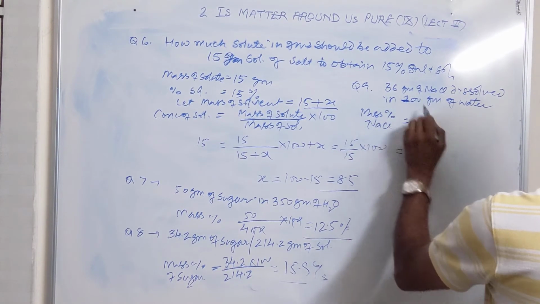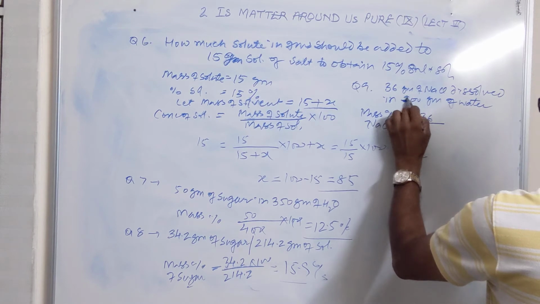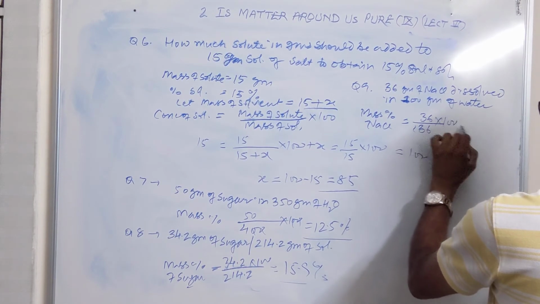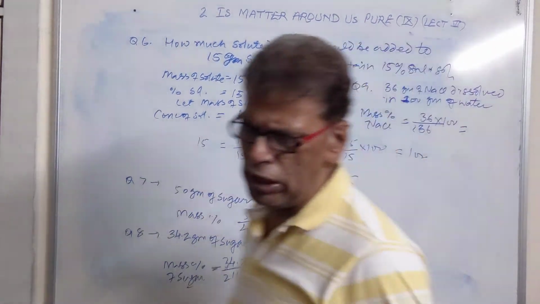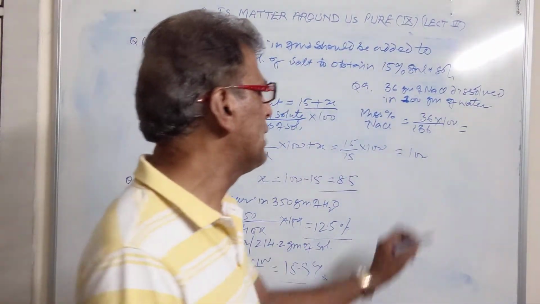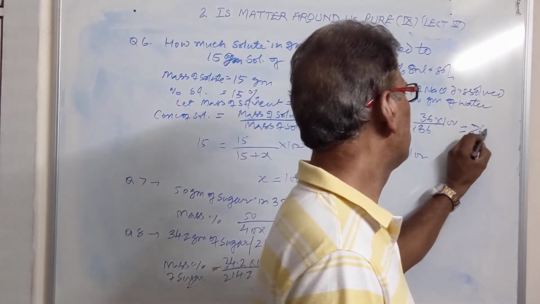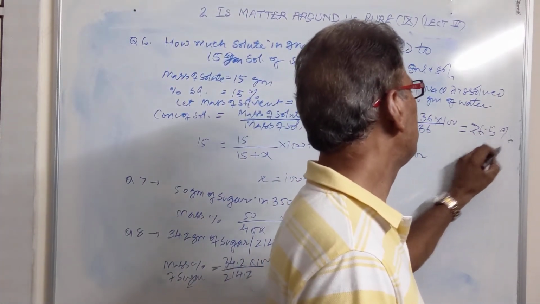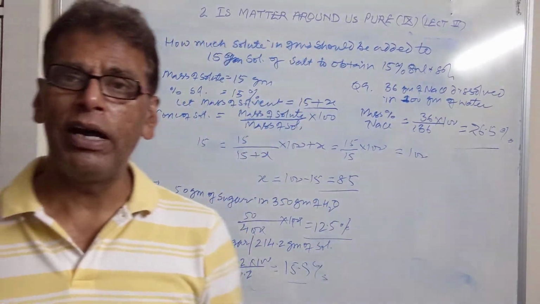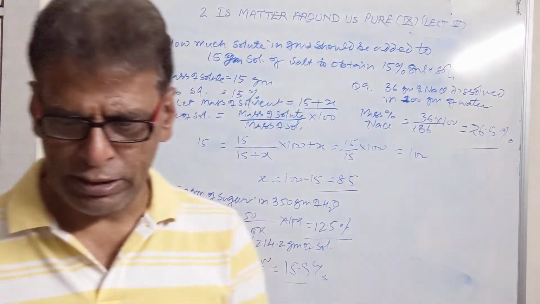Let it be 36 upon 100 plus 36, 136, multiplied by 100. So this will be the mass percentage of NaCl. It comes out to be 26.5%. So this is the mass percentage of NaCl. So in this manner we can go for the concentration problems.